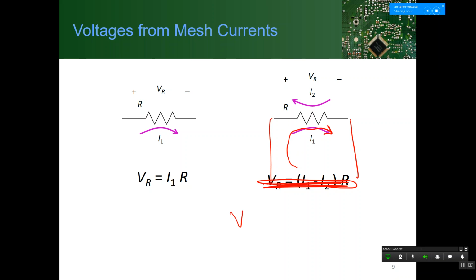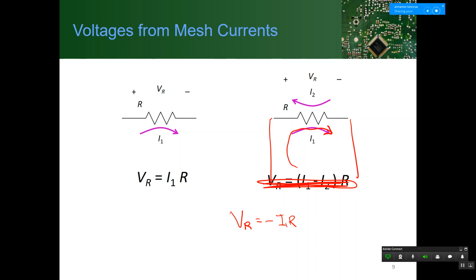So my voltage is going to drop across I1, right? When you have a current that goes through a resistor, the voltage drops. So if I want to find the voltage that's dropping on this one, I'm going to call this VR, it's going to be equal to negative I1 times R. All right? That would be the voltage drop across this resistor.